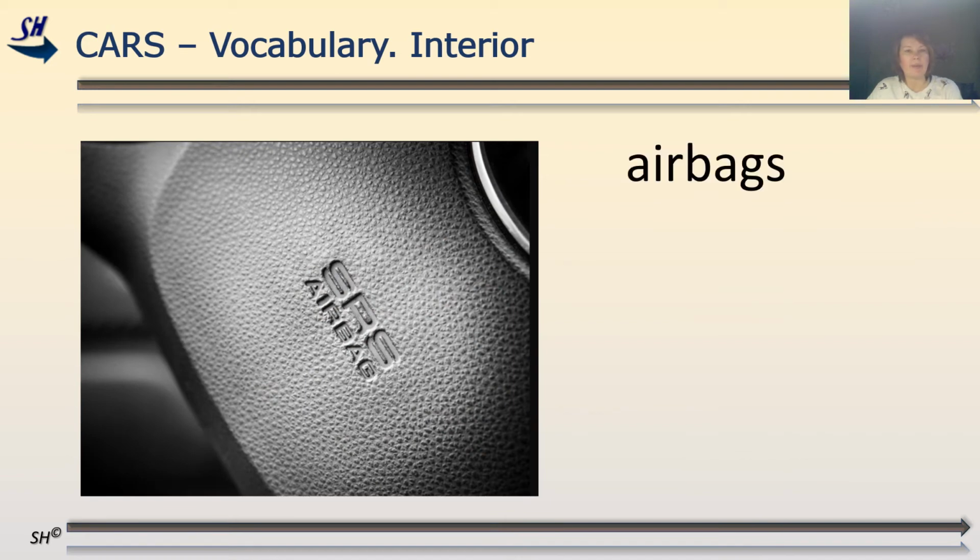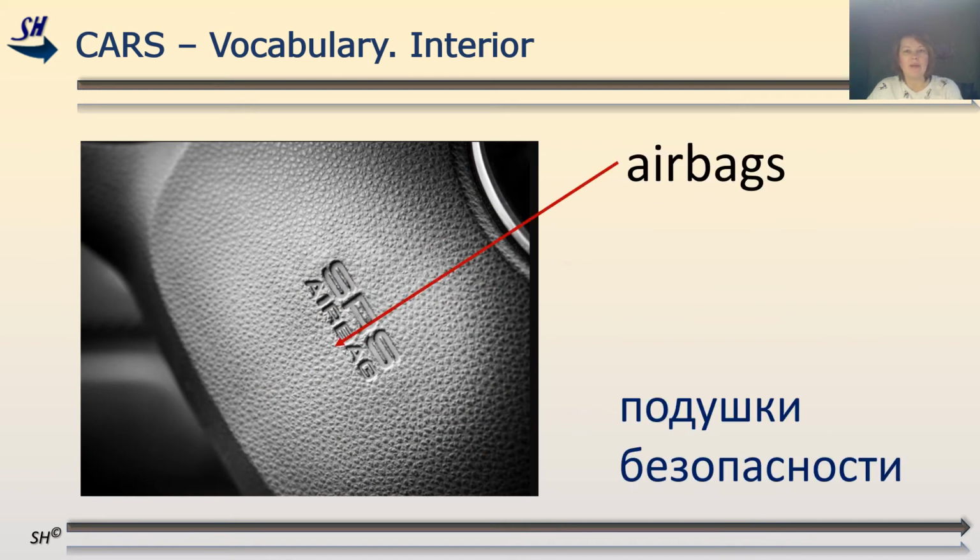We have airbags. An airbag is a construction that prevents you from hurting yourself when, touch wood, hopefully not, you have an accident. Modern cars have several airbags.